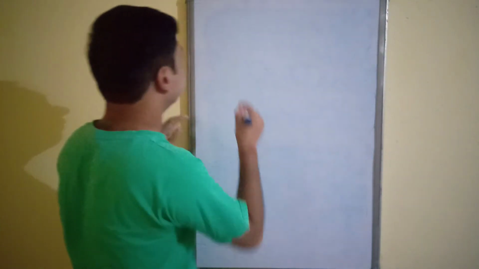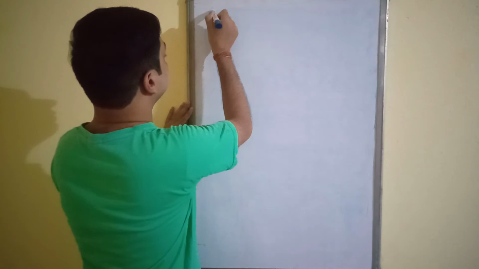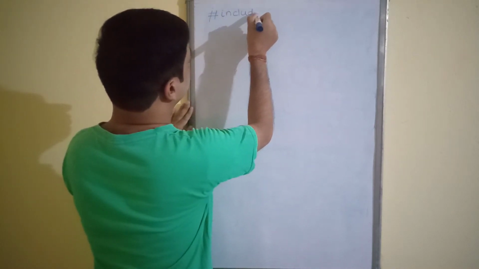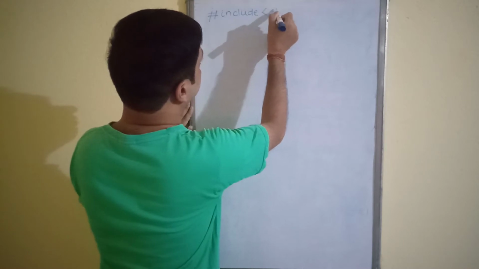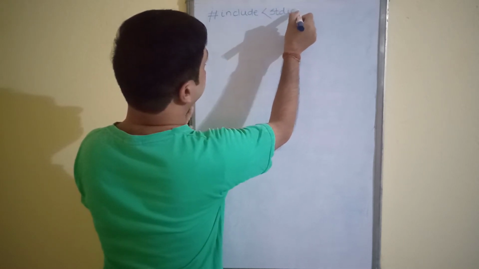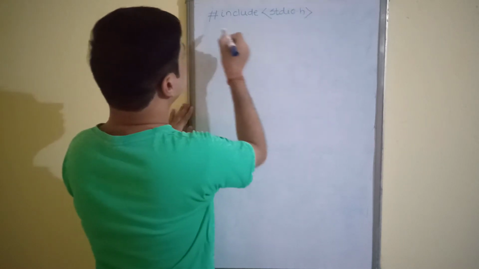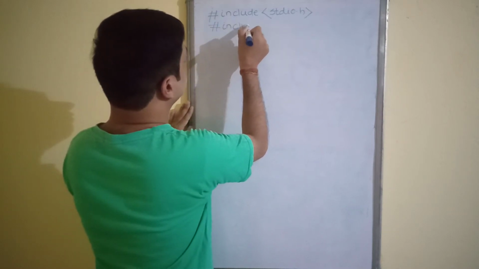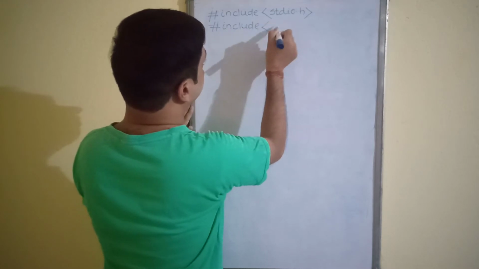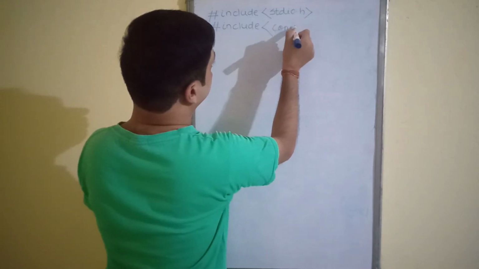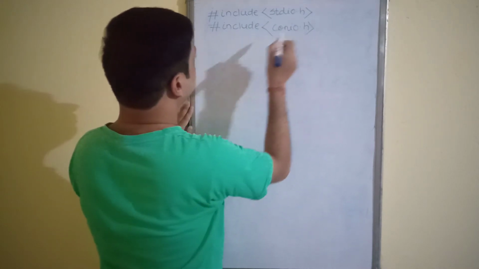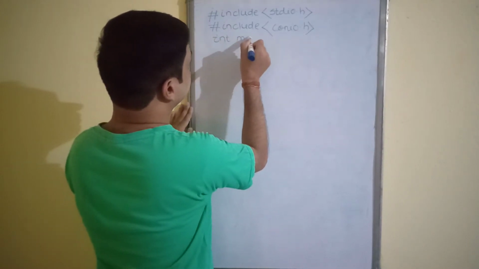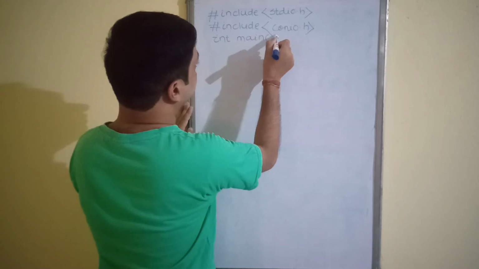So first we must write here the header files, that is #include <stdio.h> and #include <conio.h>. Next one here int main. Now come to the declaration part.